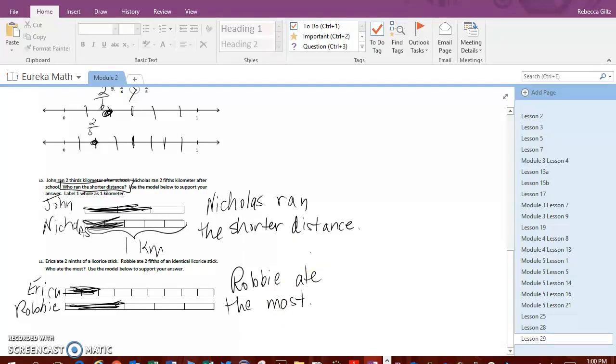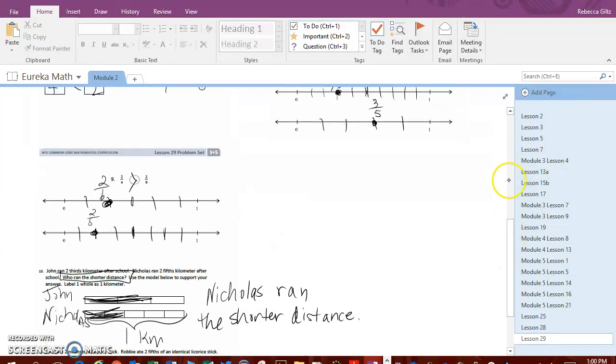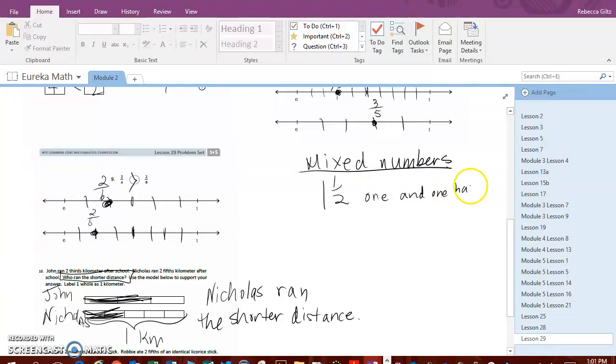I want to do a real quick kind of mini lesson on what I call mixed numbers. Okay, a mixed number is a number like this, where you've got a whole number like the 1 and a fraction together. And we would say this is 1 and 1/2.